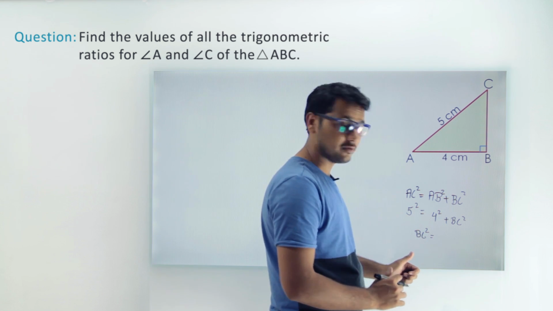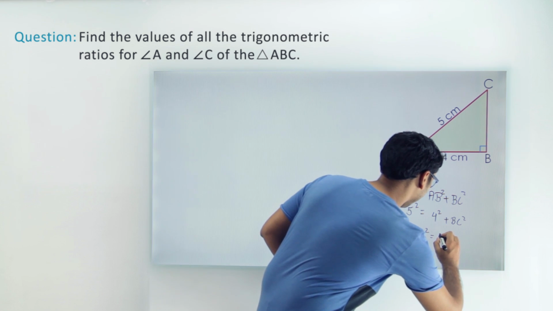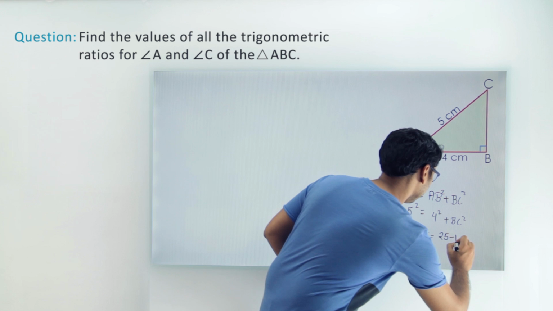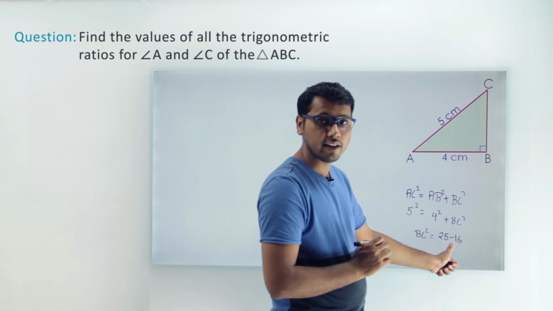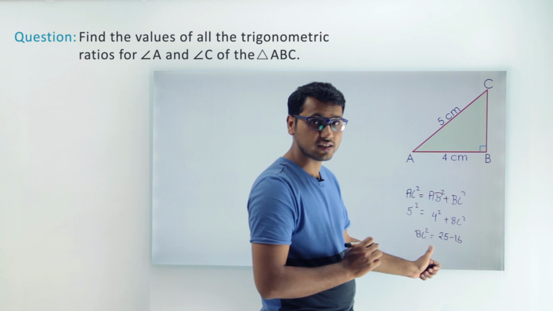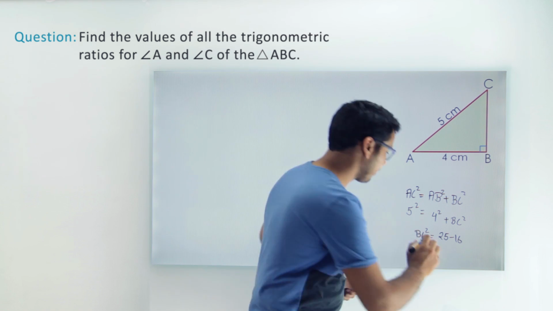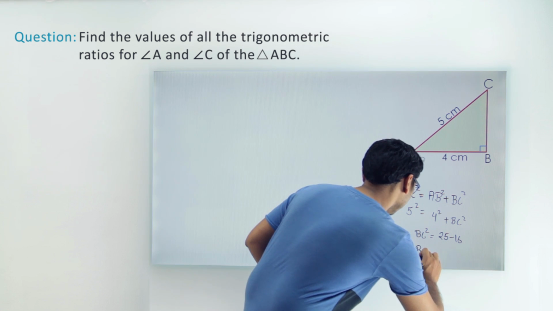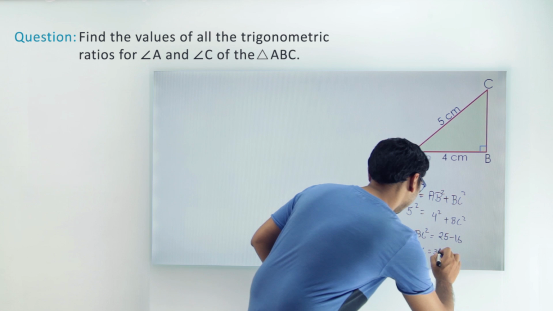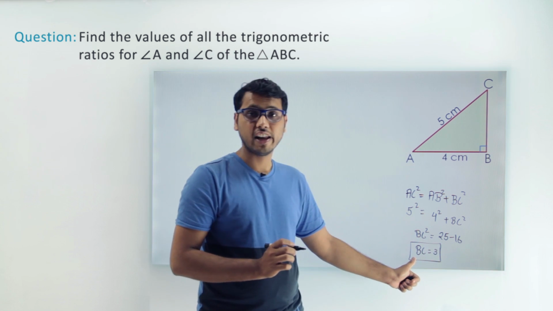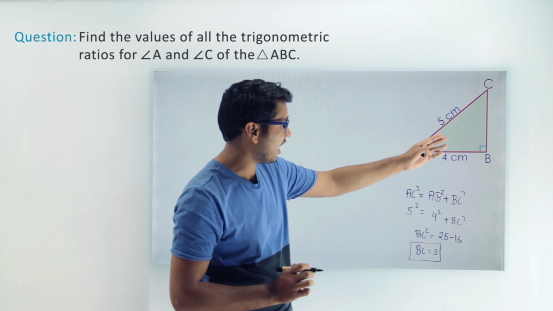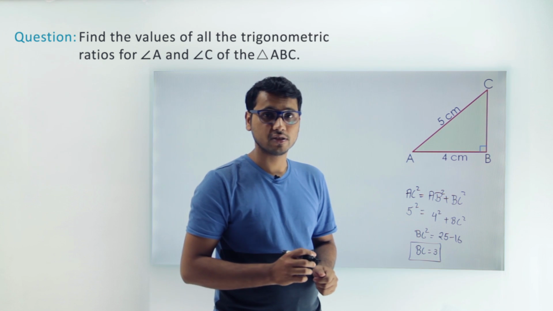So this will be 25 minus 16, which comes out to be 9. If we take the square root on both sides, we get 3. So BC is equal to 3. So we have also obtained the value of BC, which is 3 centimeters.